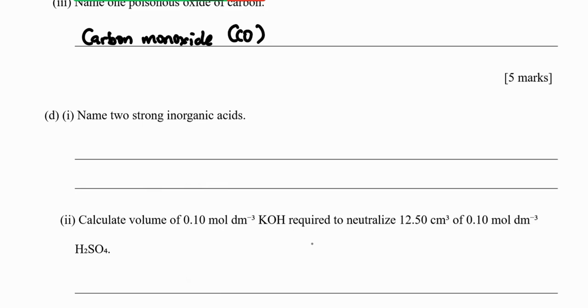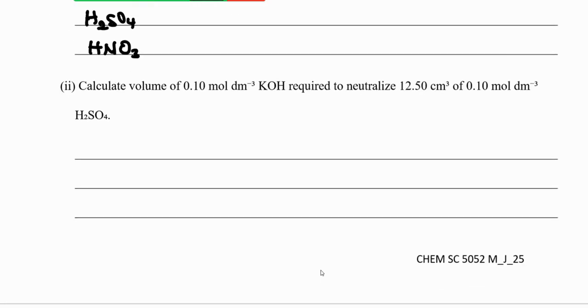So this one would be H2SO4, sulfuric acid. We also have nitric acid, HNO3. You can also have hydrochloric acid. So these are the three most common strong inorganic acids.